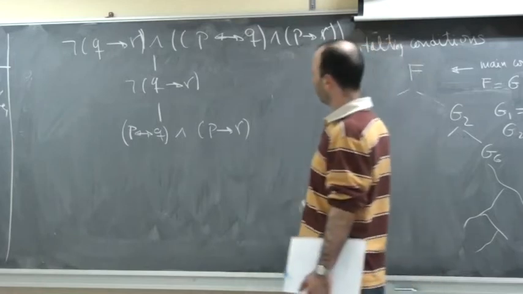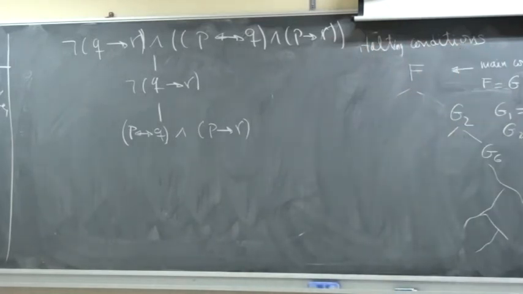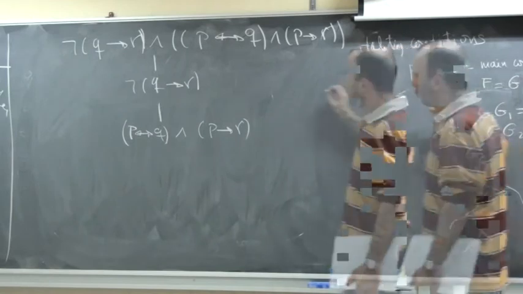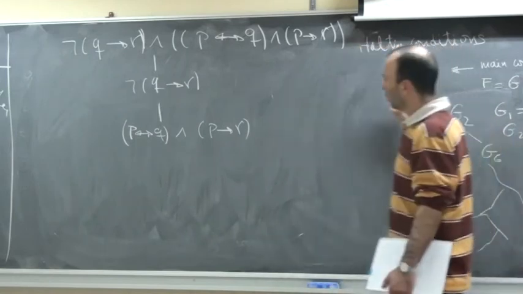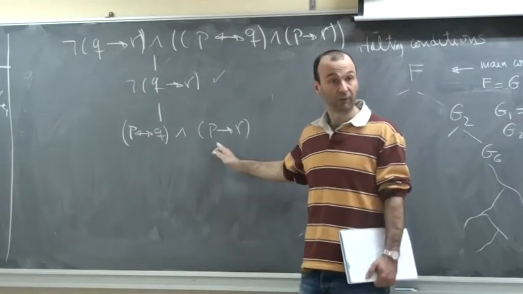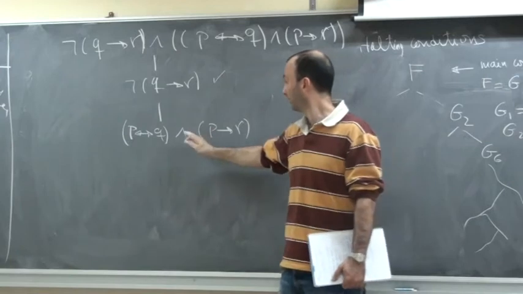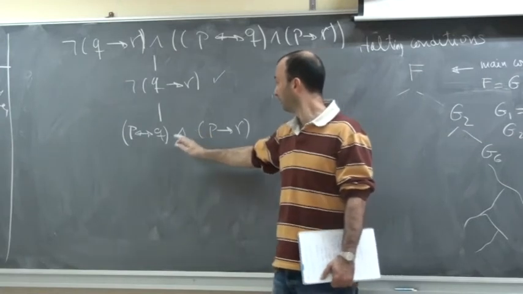Do I have? Am I done? No, because I don't have literals of negation of literals. So I'm going to develop that formula next. I may choose, right? May take that one or the one, but I'm going to take that one. So what do I write?